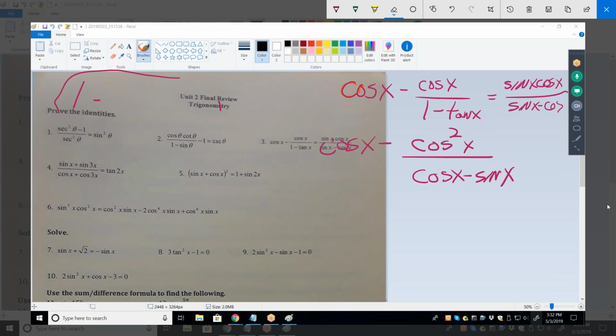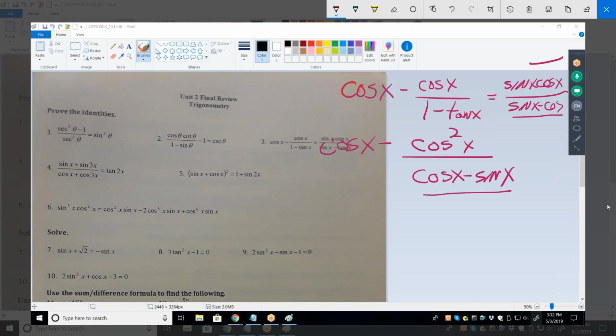Now let's see if we can make that look like the thing at the right. Well, what's the next thing I can do? I've got a denominator here that is the negative of that. So I can live with that denominator.